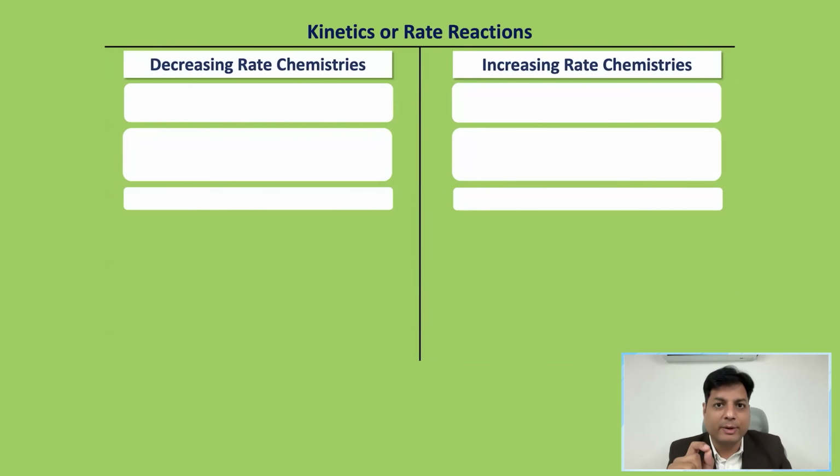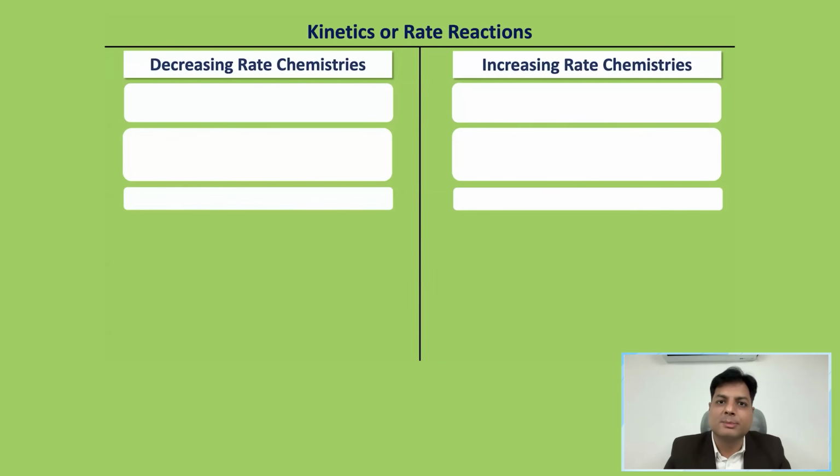Now, we have already discussed in our previous video that enzyme activity can be estimated in two ways. Either we can measure the amount of substrate getting consumed per minute, or we can estimate the amount of product being formed per minute.